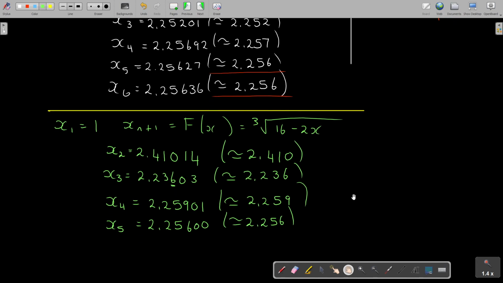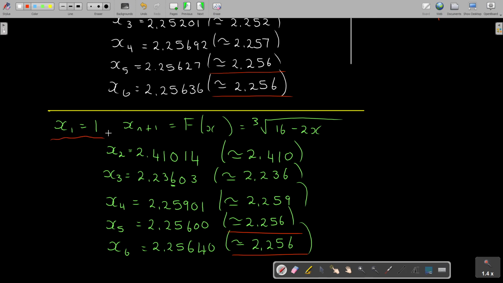And then my final one is more or less the same. Equals, and now it's 2.25640, and if I approximate it, it's 2.256. And take note.